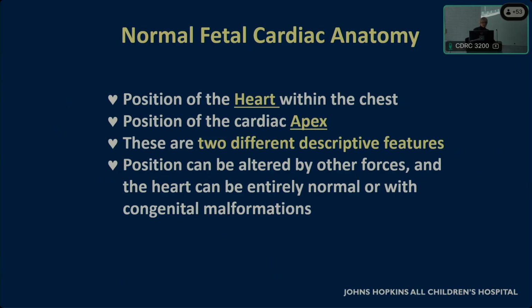So the heart can be entirely normal or with congenital malformations and have the apex to the left, but the heart be in the right chest, or the apex to the right and the heart be in the left chest. So they're two different descriptive features.